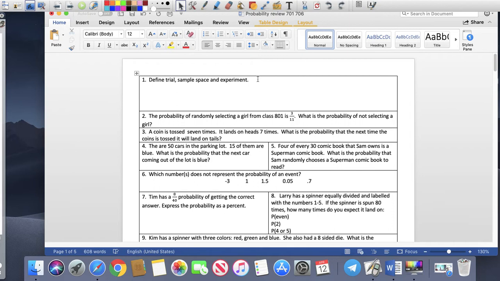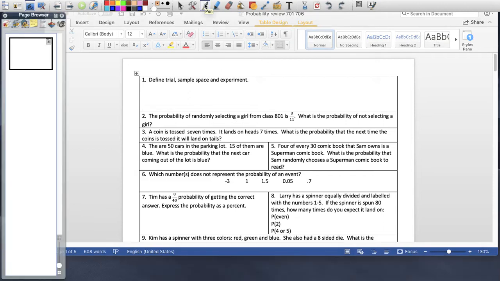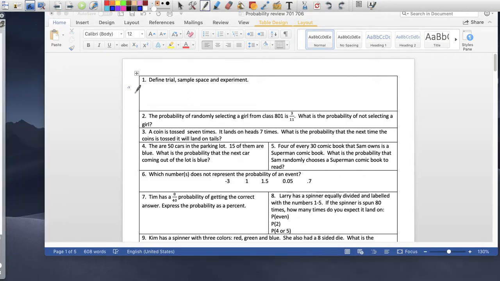Trial is, so if you have an experiment, and let's say the experiment is to, let me write, maybe it's easier. The experiment is to toss the coin. So that's the experiment.